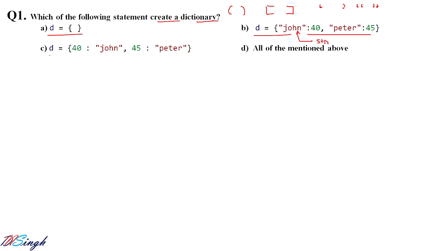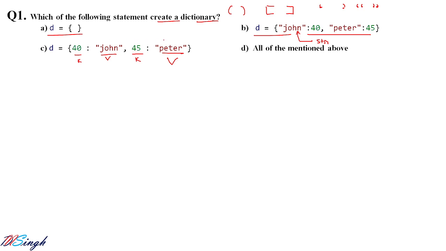Again, we have one more declaration of the dictionary, which also has key and value pairs. This is our key and this is the value. Again key and this is the value. And this is what? Integer. 40 is an integer, 45 is an integer. So that condition is also satisfied, that the key must be immutable. There is no restriction on the value part. You can have a value as immutable or mutable, both.